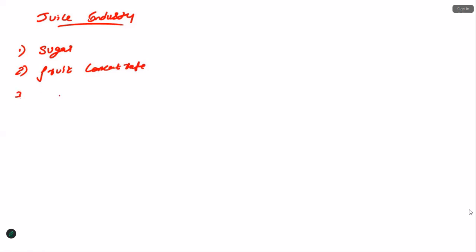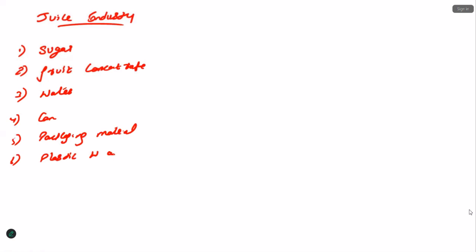Okay, then we need water. After the manufacturing of juice has happened, you need a can, so you need to pack this. Then you need the packaging material. Packaging material is nothing but a cardboard box. Okay, then you need the plastic wrap to pack it and send it somewhere.